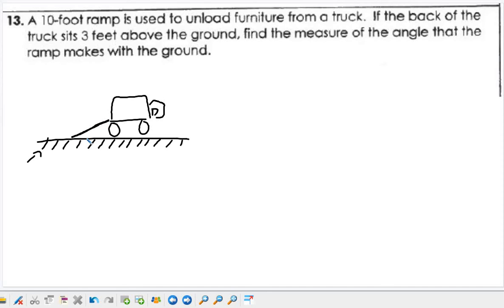So here's my triangle. So I know this distance here is 3 feet. And it says it's a 10-foot ramp. So my ramp itself is 10 feet. And it wants me to find the angle measure that the ramp makes with the ground, which is right here, theta.